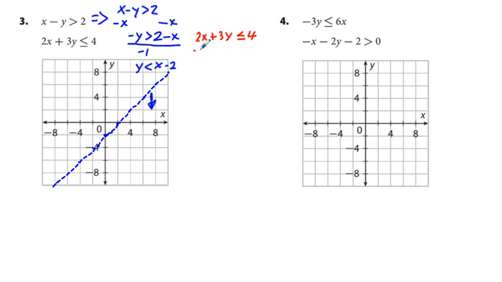And now if we subtract 2x, we have 3y is less than or equal to 4 minus 2x. And now dividing by 3, we get y is less than or equal to, and I'm going to switch the order to get slope-intercept form, negative 2x over 3 plus 4/3.